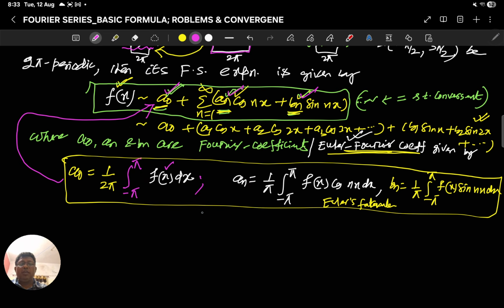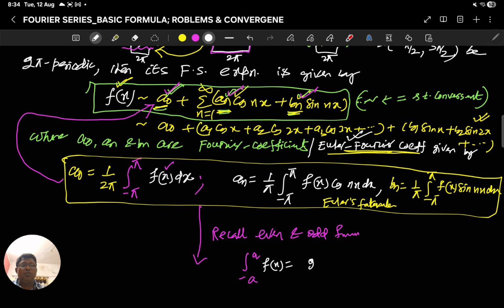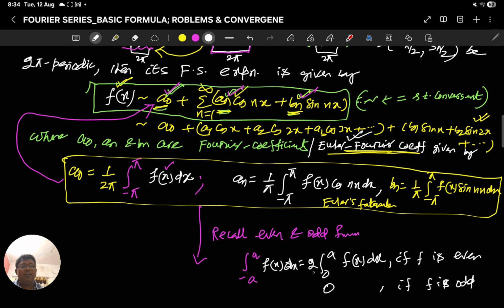If you recall even and odd functions, you know the integral from minus a to a of f(x) is equal to twice the integral from 0 to a of f(x) dx if f is even, and it is 0 if f is odd, right?